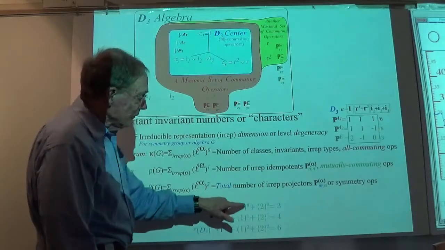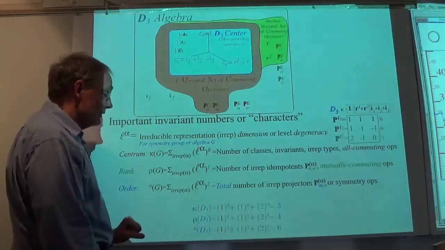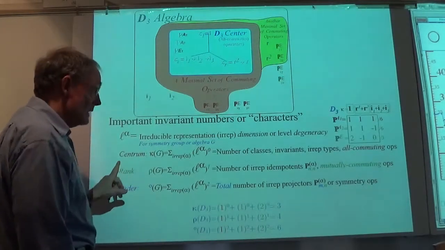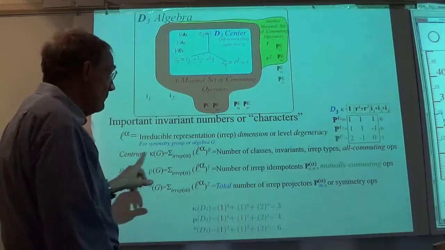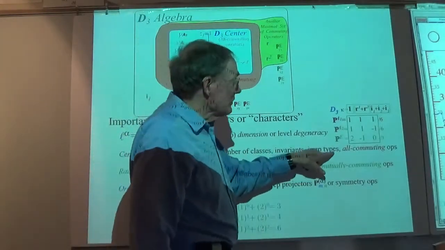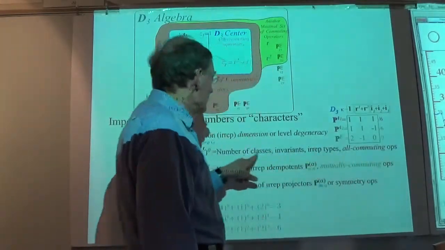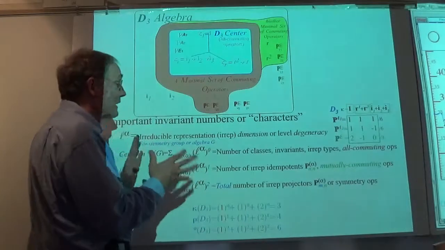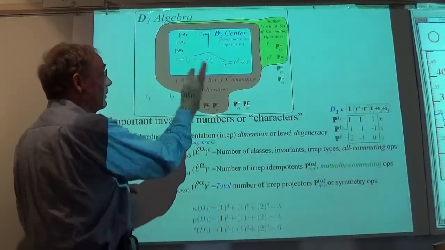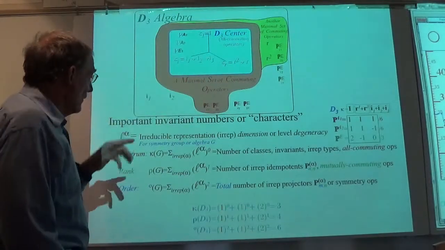And to the 0th power, they give us the number of classes. That's the number of classes. I call it the number of invariants, the number of irreducible representation types, the number of all commuting operators. So this number takes care of a lot of subtle things about commutation that occur in this algebra. Now this is my name.